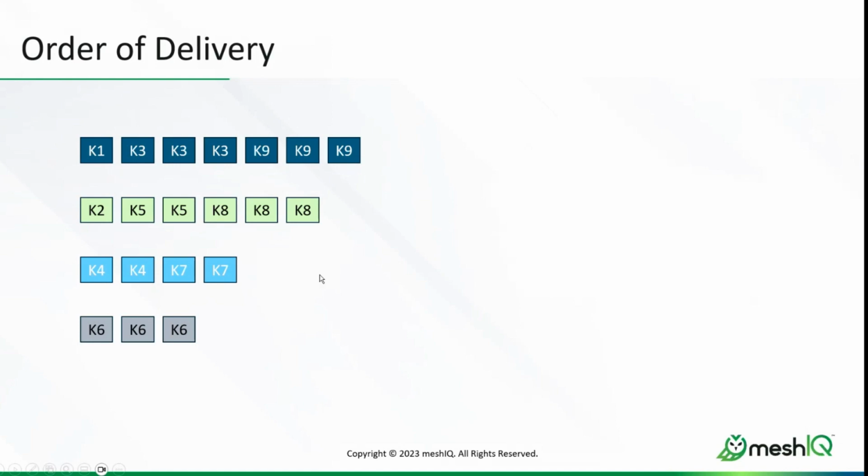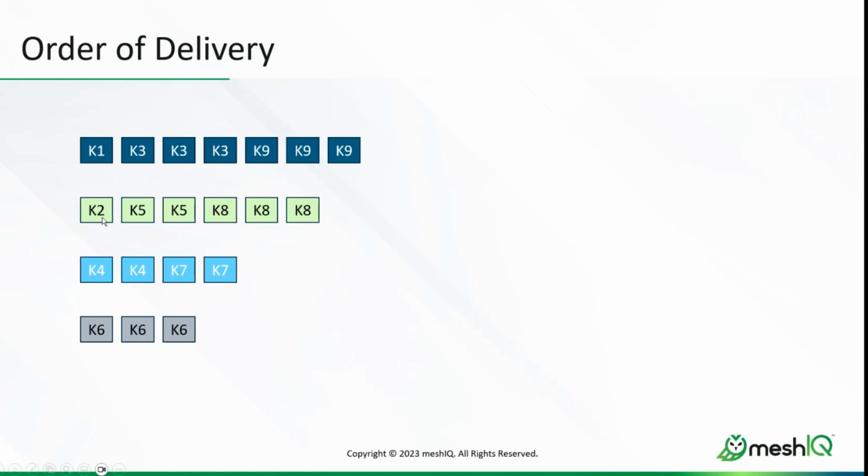Okay, I already mentioned this. Order of delivery is dependent really just on how the messages arrive, right? So in this case, you can see here, I've got key 1, I had 1 message, I had key 3, I had 3 of those. So they went to the same partition.